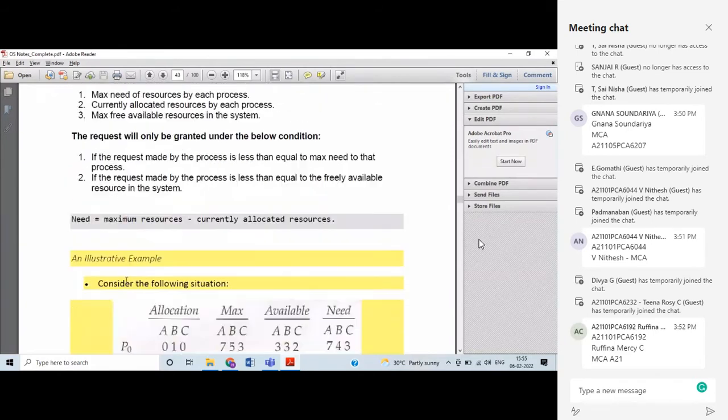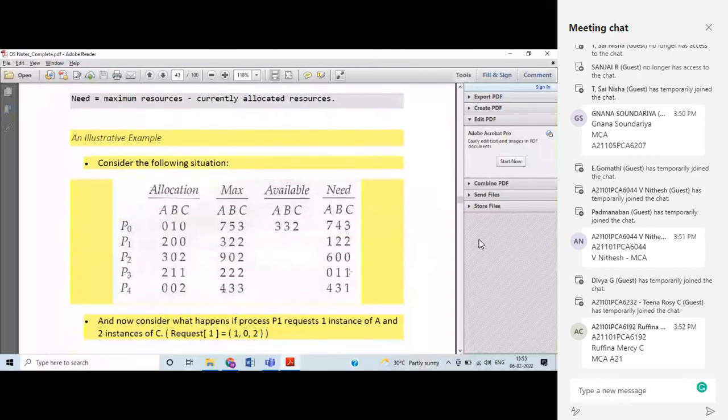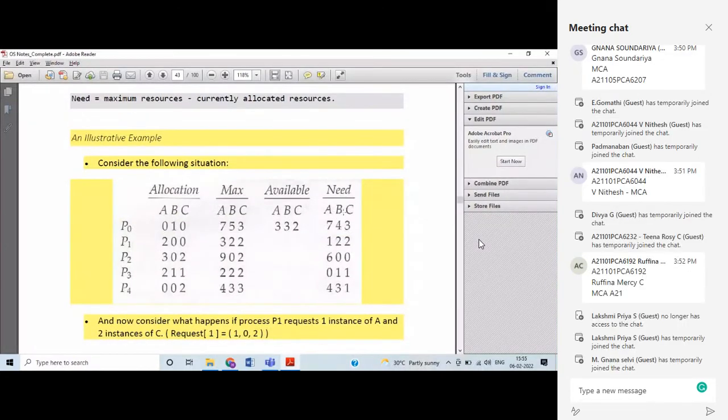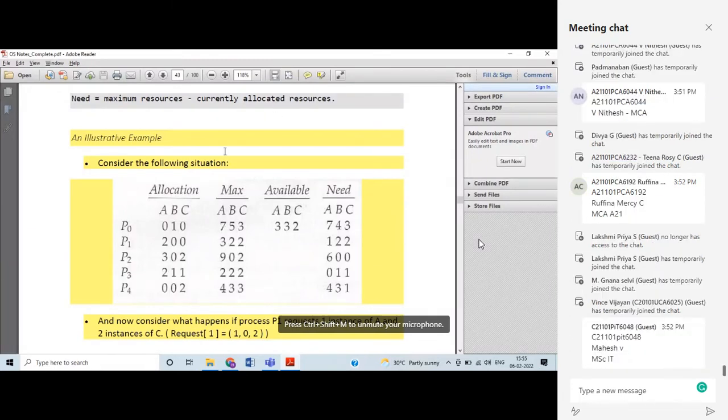And the need of the processes means what? Maximum resources minus currently allocated resources. Under A, what is the maximum resources for P0? This 7. Minus currently allocated resources, which is 0.